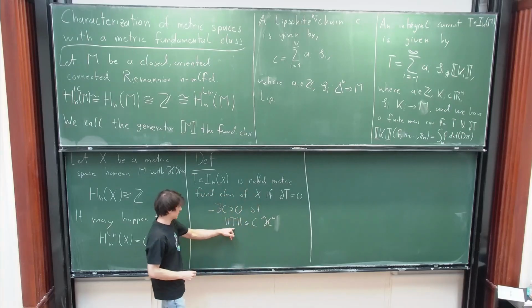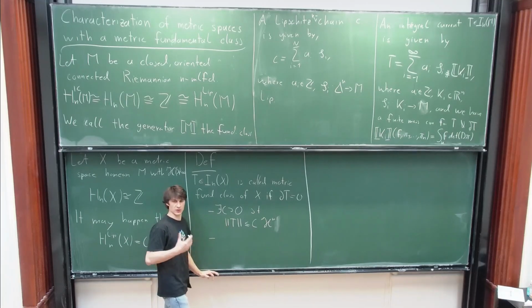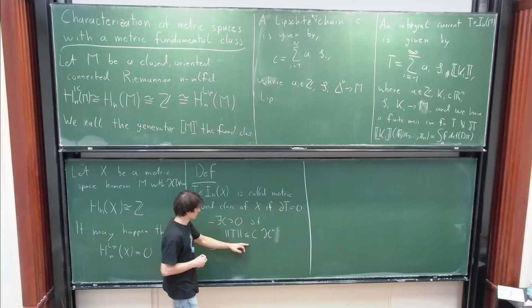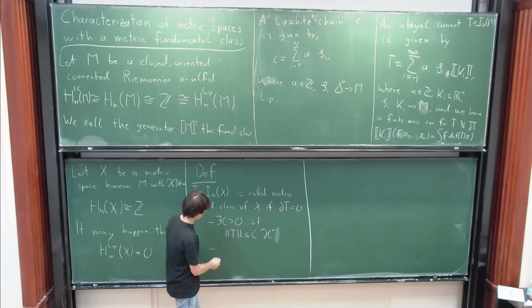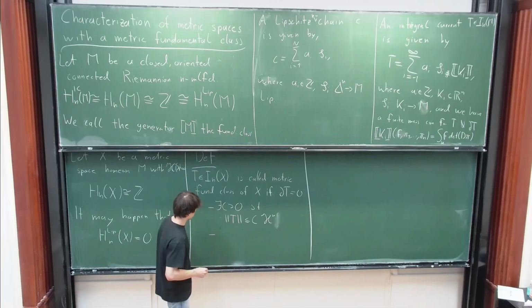For people less familiar with currents, you can think of this as the analog or generalization of the volume measure of the manifold, and we want to have some kind of relation to the Hausdorff measure, to the metric. In the smooth setting we actually have equality here, but that is way too much to ask for. The lower bound is also much stronger than the upper bound, so we are happy with this.